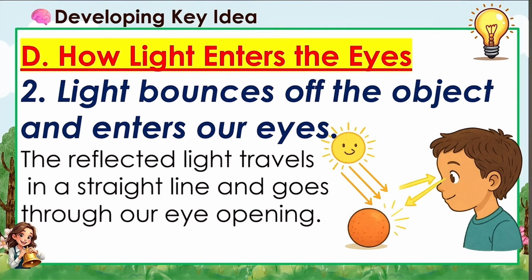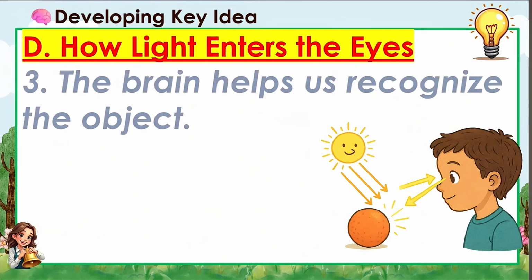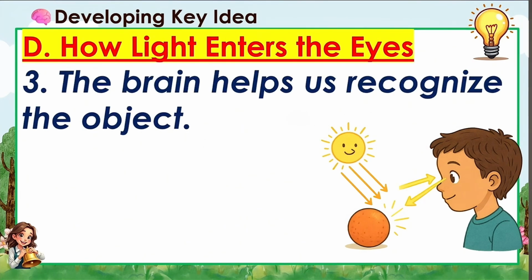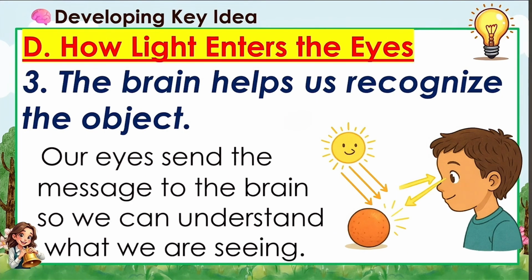The reflected light travels in a straight line and goes through our eye opening. 3. The brain helps us recognize the object. Our eyes send a message to the brain so we can understand what we are seeing.